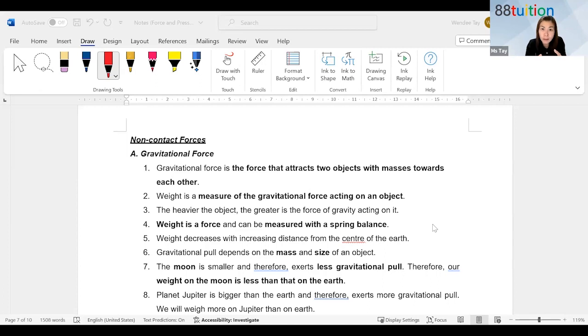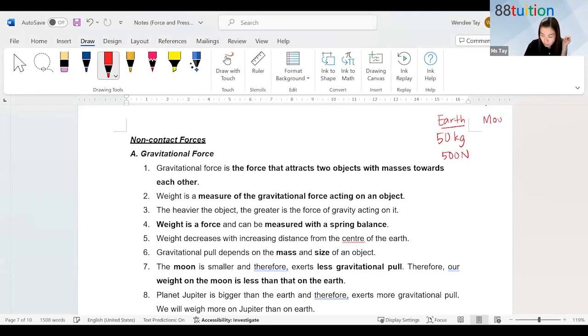Do you all know that? Because the pull of gravity, the gravitational field strength, is about 10, so you always multiply by 10. So on Earth, your mass is 50 kg, your weight will be 500 newtons.